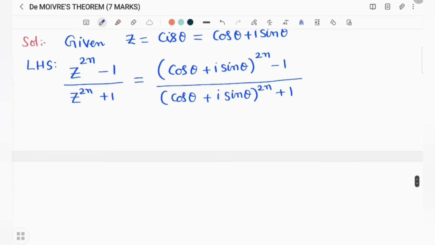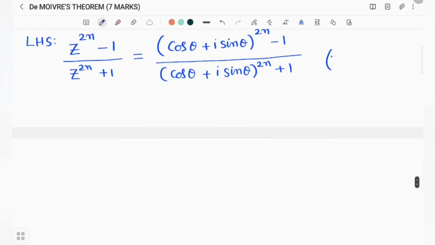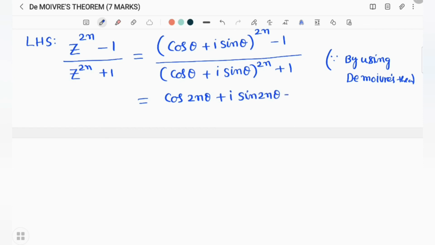By using de Moivre's theorem, this can be written as (cos 2nθ + i sin 2nθ − 1) divided by (cos 2nθ + i sin 2nθ + 1).